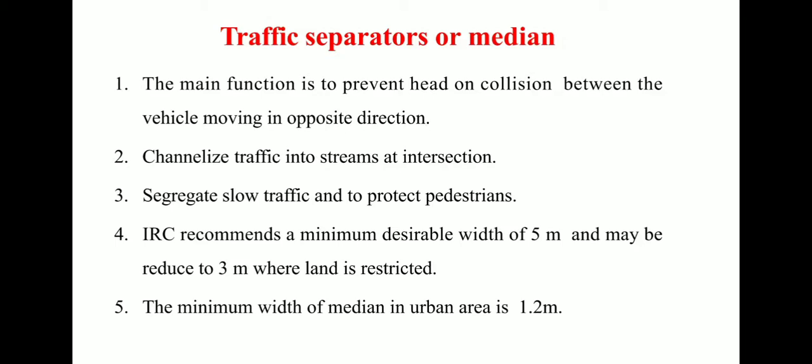Next, this channelizes the traffic into streams at intersections. It segregates the slow traffic and protects pedestrians. The IRC recommends a minimum desirable width of 5 meter, which may be reduced to 3 meter where land is restricted. So there are also some specifications for these medians or traffic separators by IRC: 5 meter is desirable, but if the space is less, a minimum of 3 meter can also be provided.